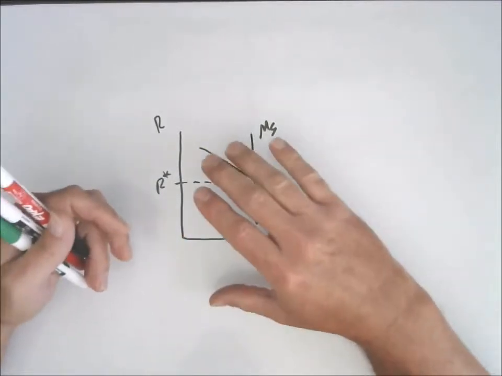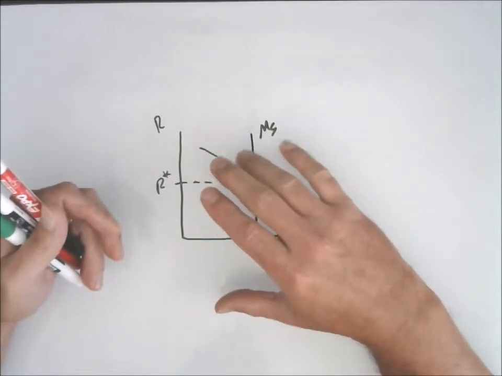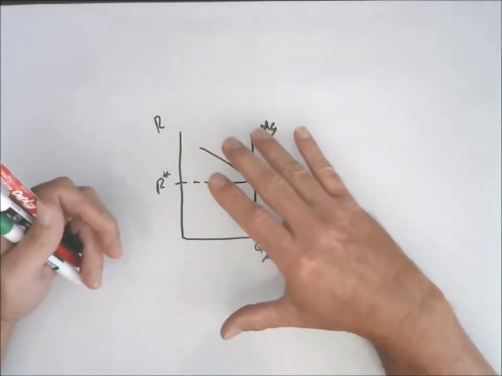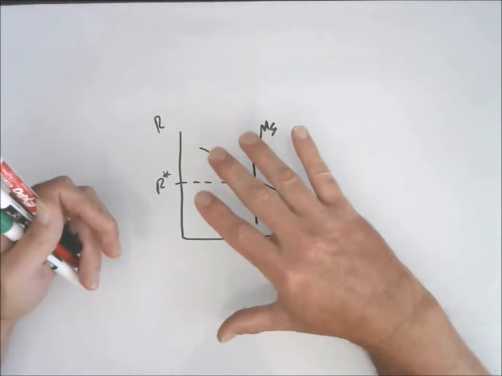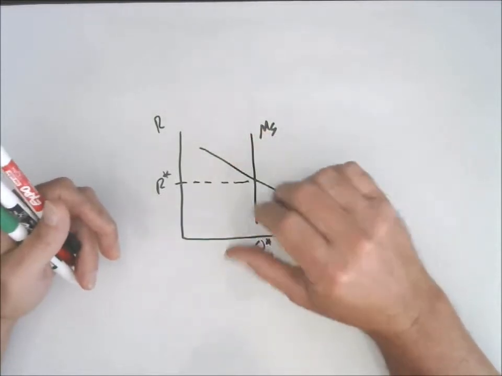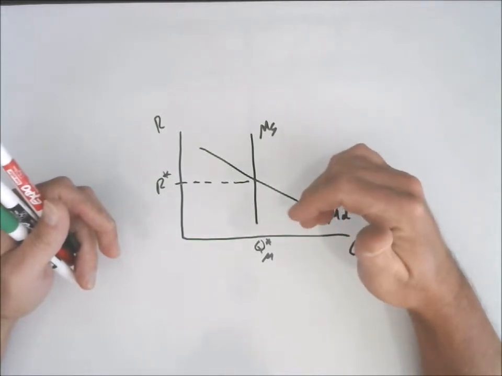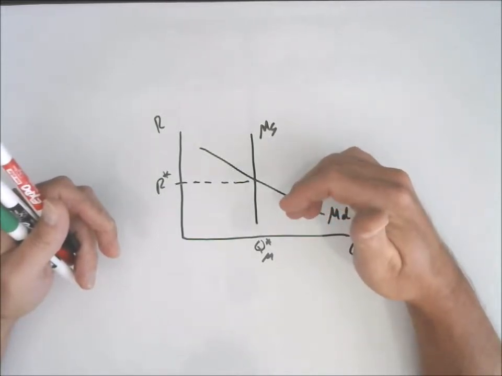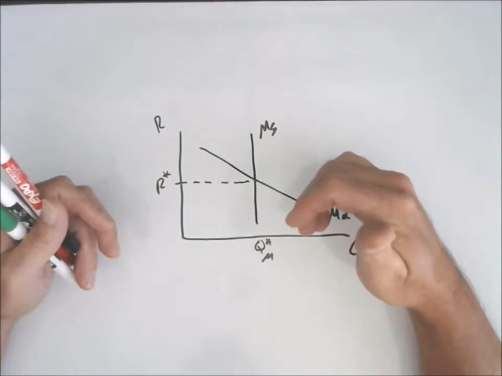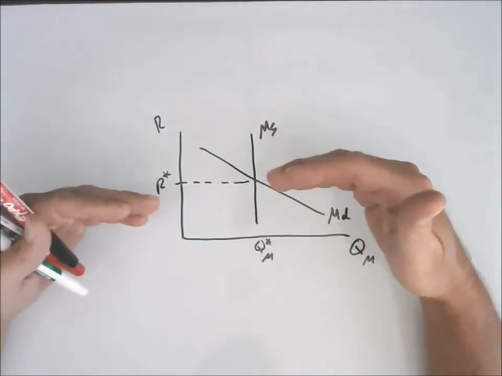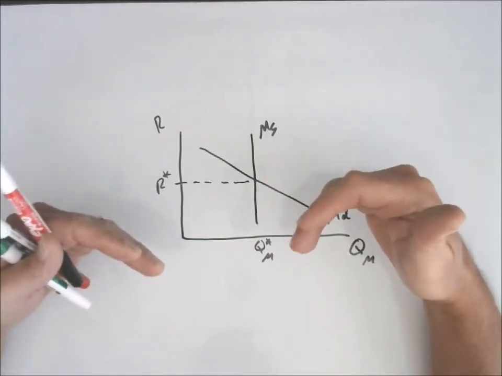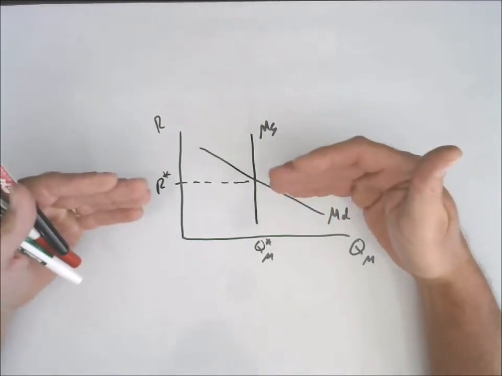An open market operation can be done in two ways. You can have an open market purchase of bonds, and you can have an open market sale of bonds. If the Fed conducts an open market purchase of bonds from banks, that means they purchase bonds that banks already have, and they increase the banks' excess reserves.